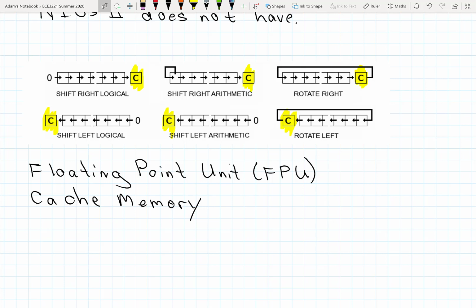You can have multiple processors within a single chip, sometimes within a single computer, now more often within a single chip, that allow data to be executed simultaneously by two different processors.